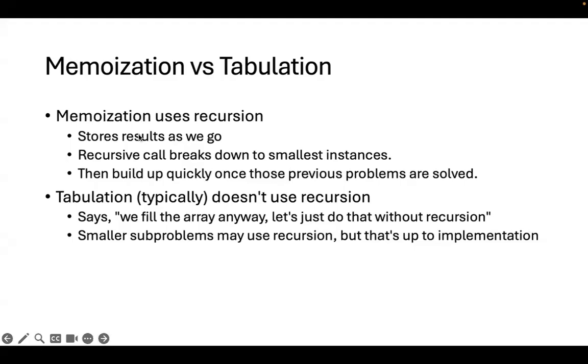Okay, so memoization stores the results as we go, and the job of the recursive call is to break it up into smaller increments and then build up once we have recorded those things. So we're doing the same thing of solving small instances and building up. It's just recursion or not recursion. Different ways of doing it.